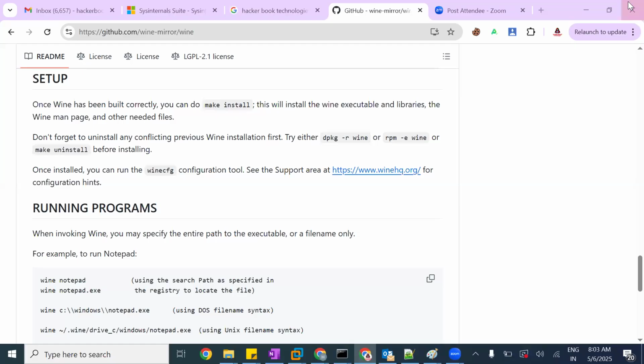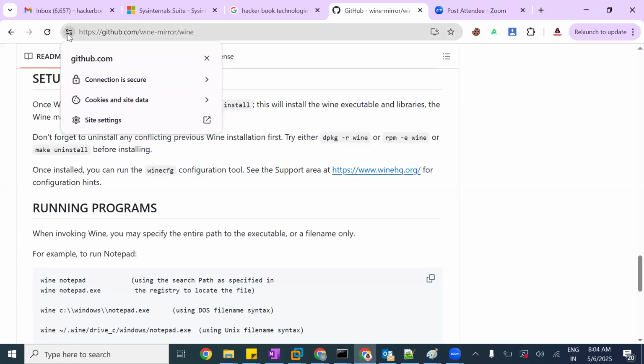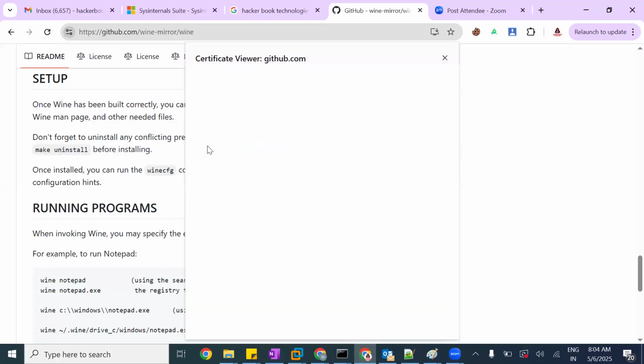This is HTTPS. You observe the URL, and there is an icon here. Click on this to see the site information. It says the connection is secure. Click on that, then click on the certificate.